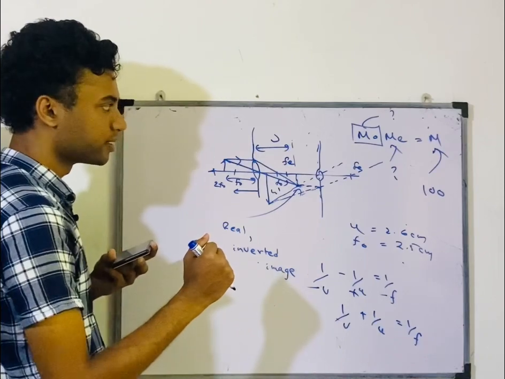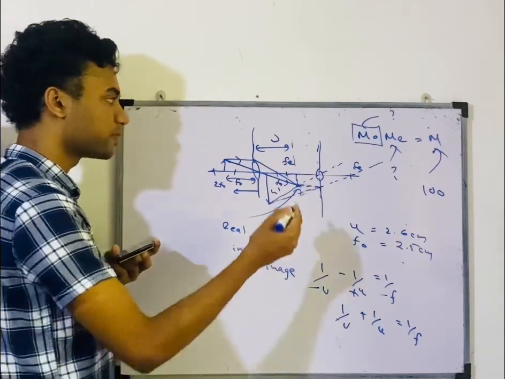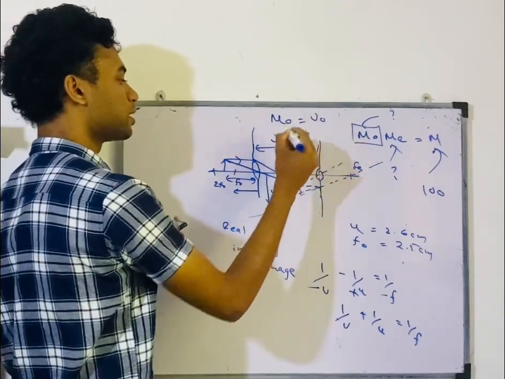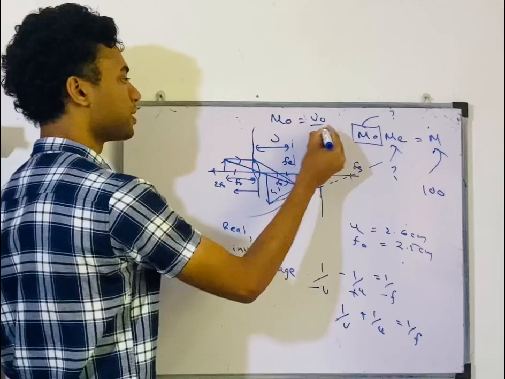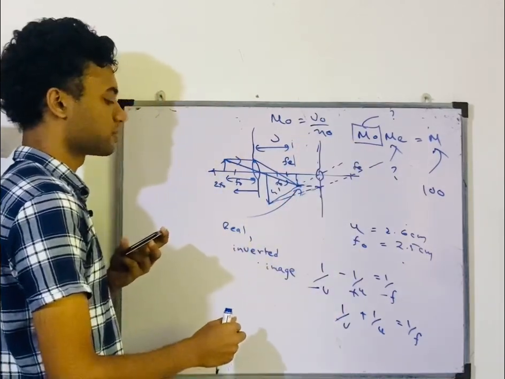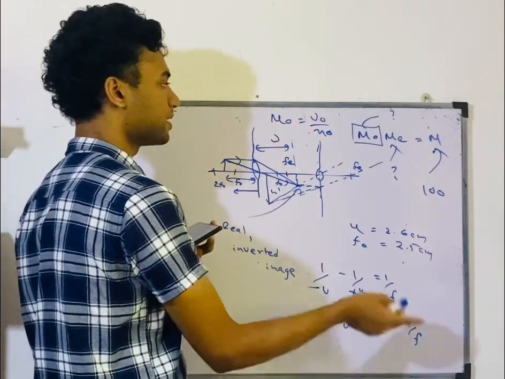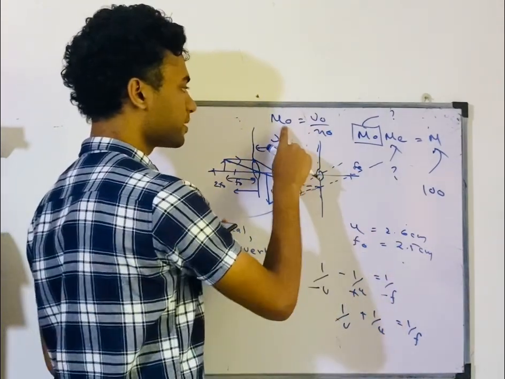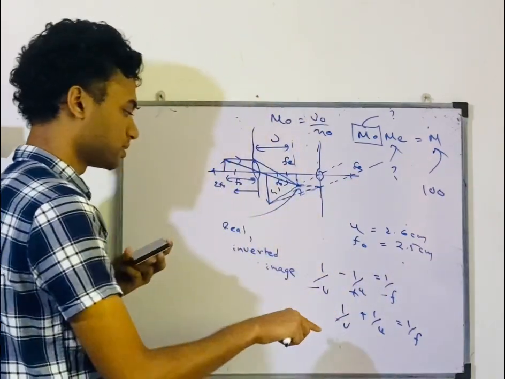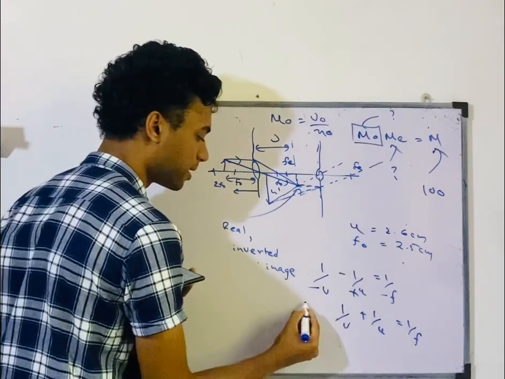Now look at this. I want the magnification of the objective lens. The magnification of the objective lens is equal to what? Image distance divided by the object distance. So how can I get the image distance? I could substitute here and find the image distance, but it's easier if I can get magnification within this equation, right? So what I can do is multiply this entire equation by u.